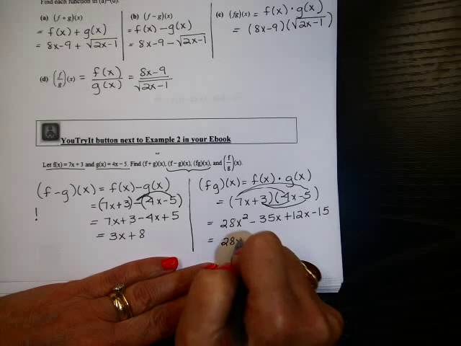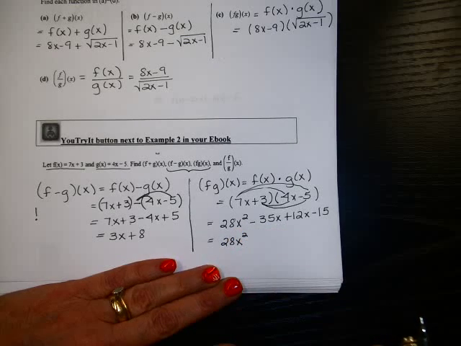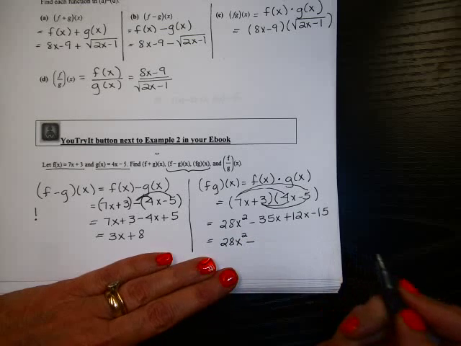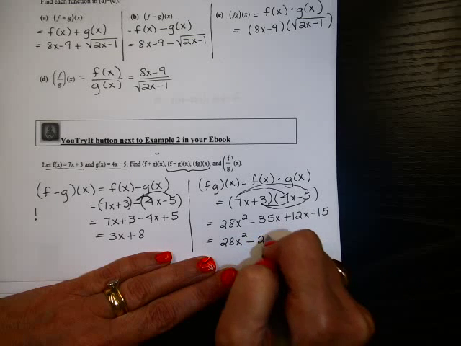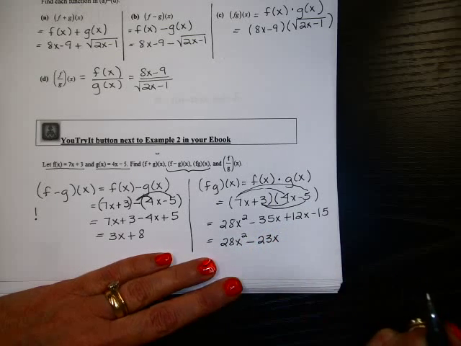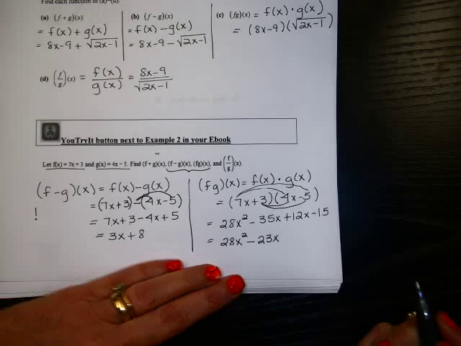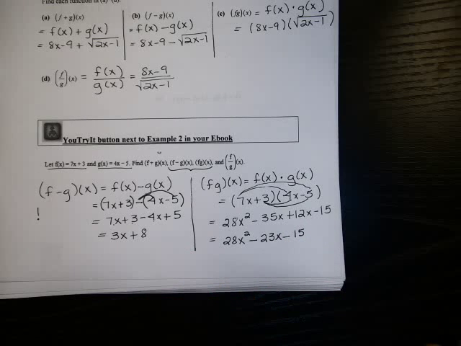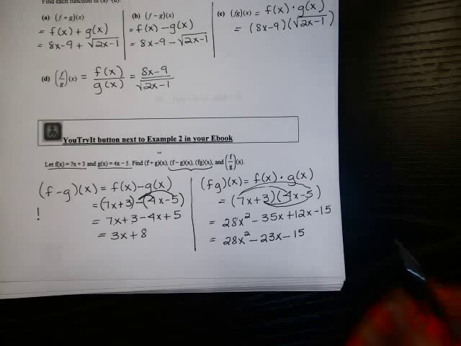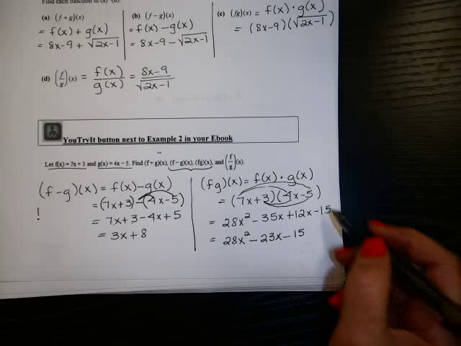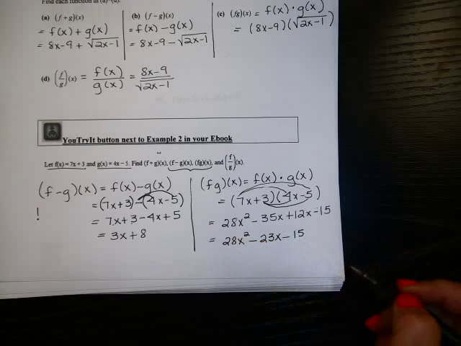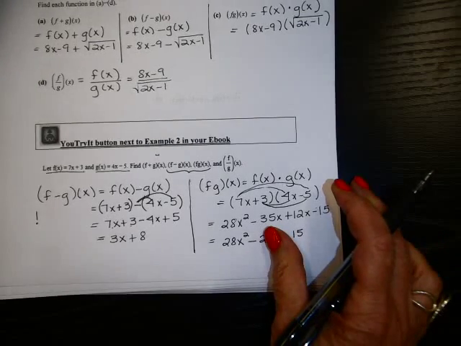You have 28x squared minus 23x minus 15. So it's simplified, you combined, you pulled it out, you combined your like terms, and gave me the simplified version of that answer.